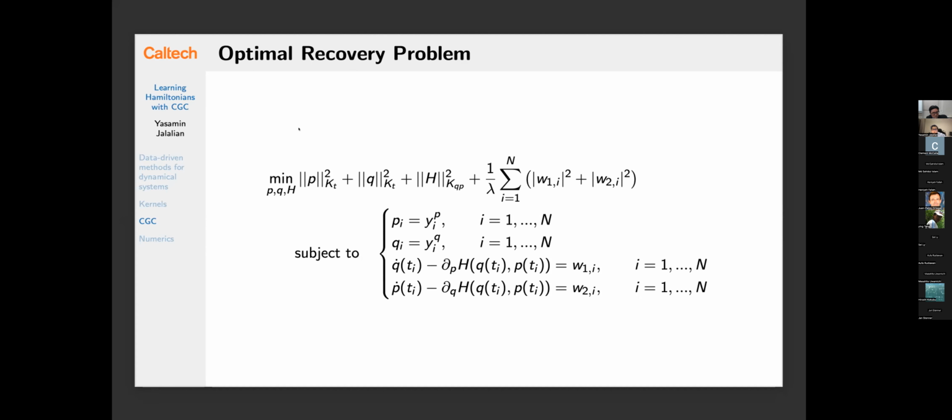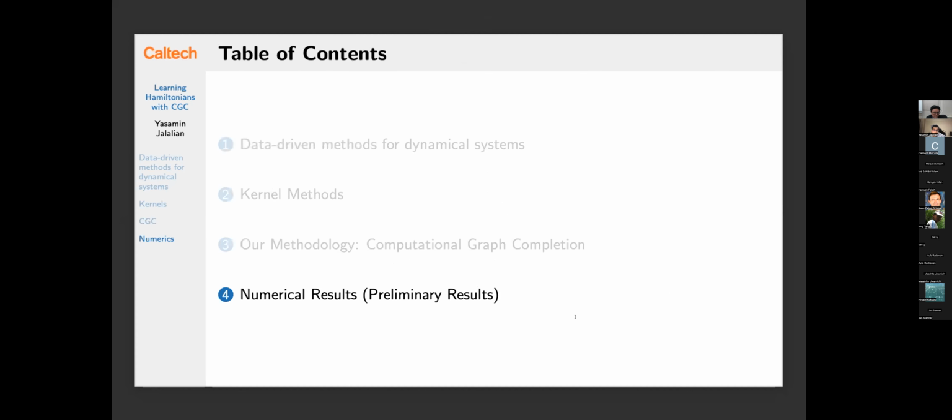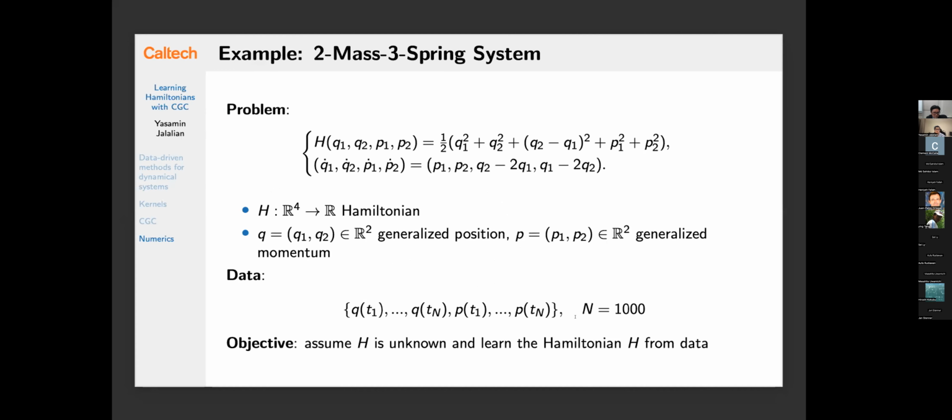And with some manipulations and introducing some optimization variables, we would reduce this to an unconstrained optimization problem and solve it numerically to find the desired P, Q, and H. So now I'm going to talk in particular about two examples and the results that we have so far for them.